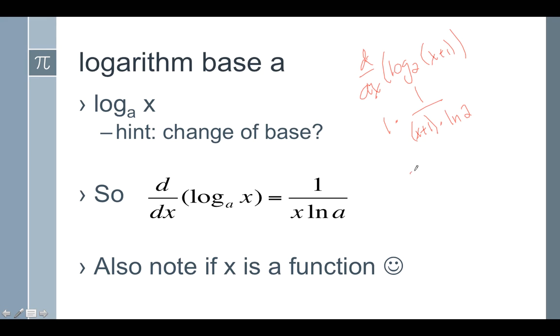And so we'd rewrite this as 1 over the natural log of 2 times x plus 1. And there we would have our answer.